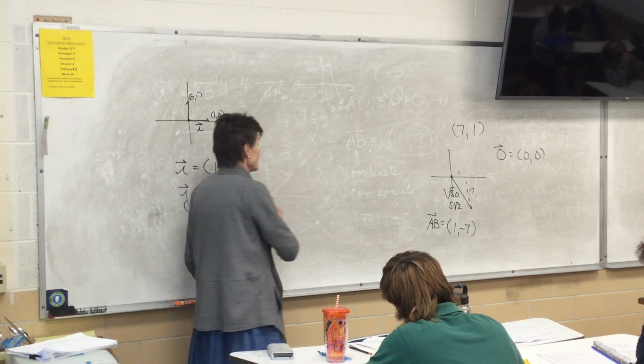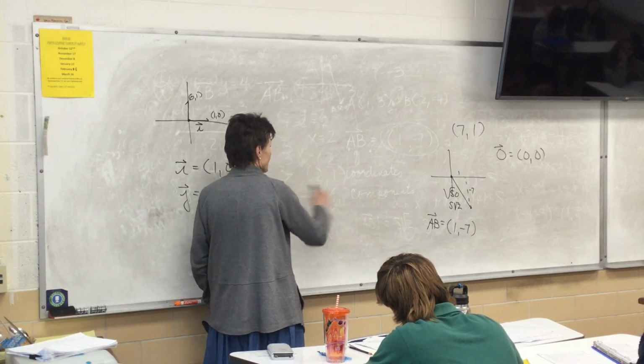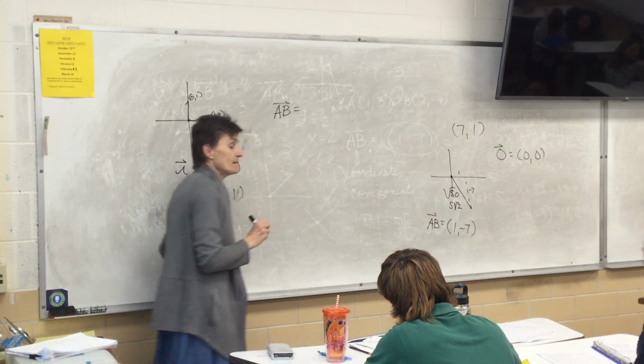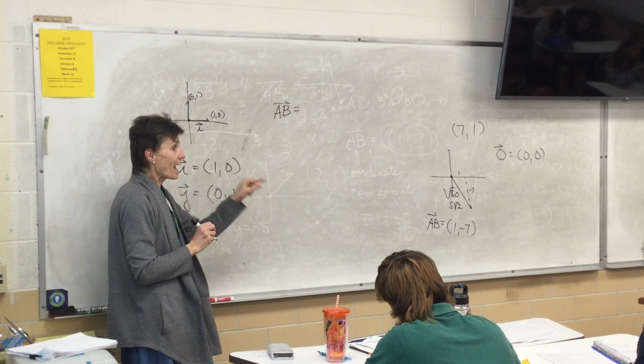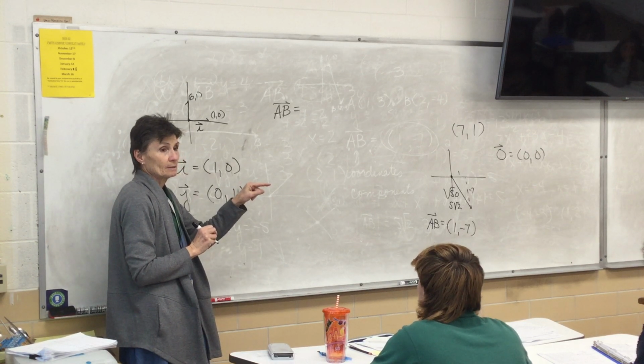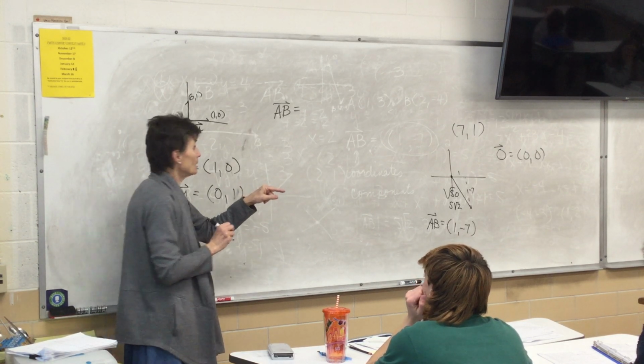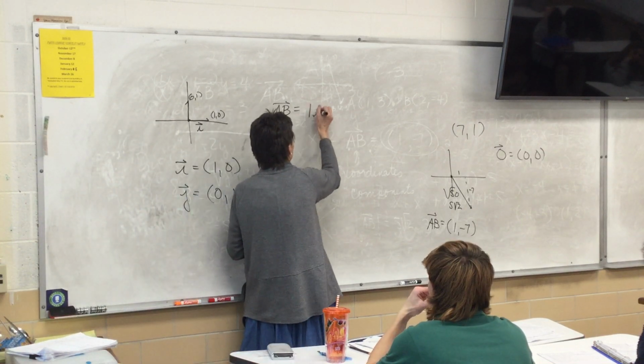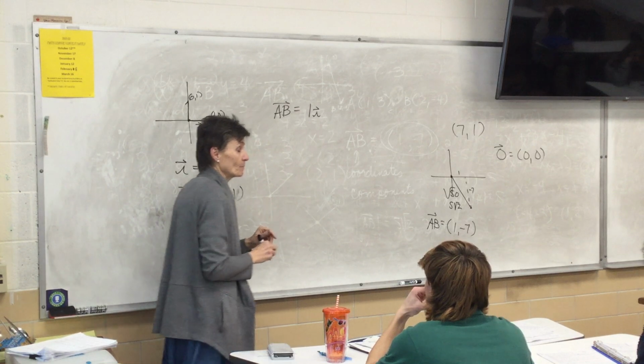Now what that means is, let's look at our vector AB. AB goes exactly 1 unit to the right. So 1 unit to the right is i. So it is 1i or just i.